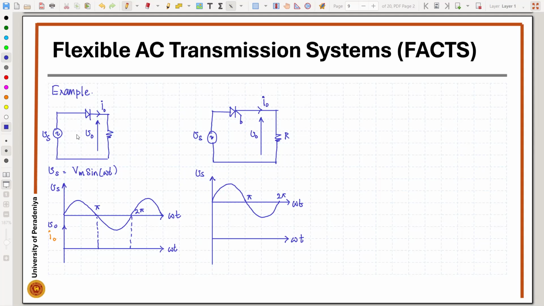Chanaka, I can't see it because it's not focusing. There is a focusing issue. Can you show it now, Chanaka?